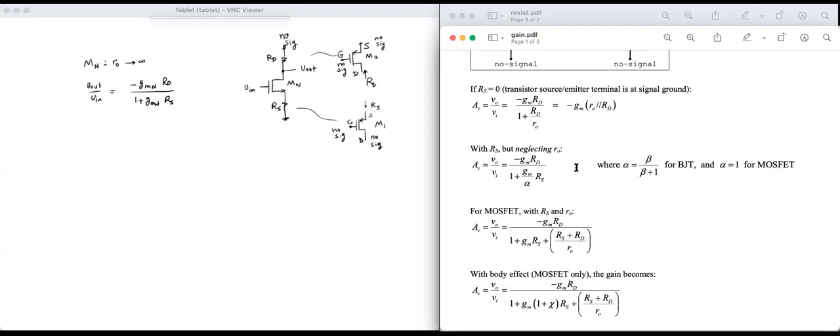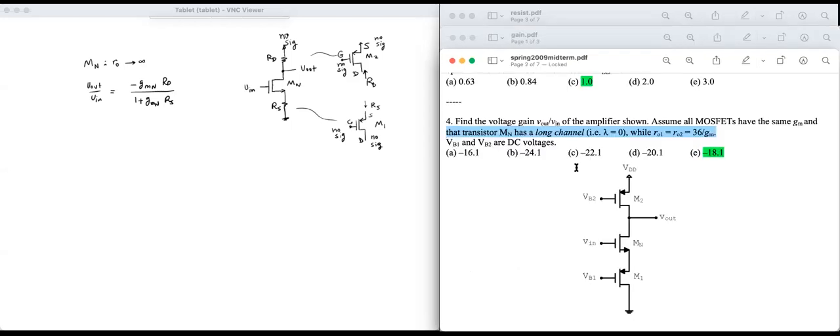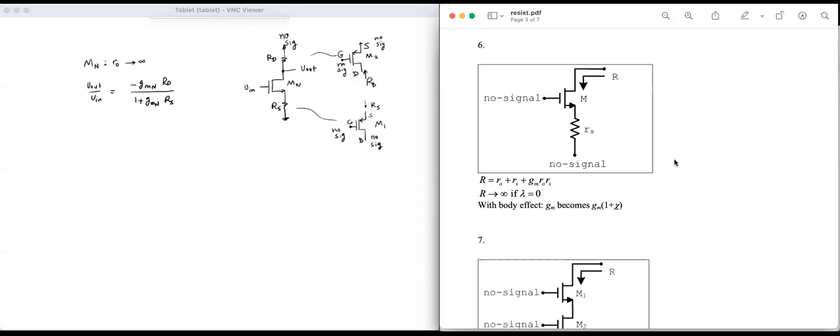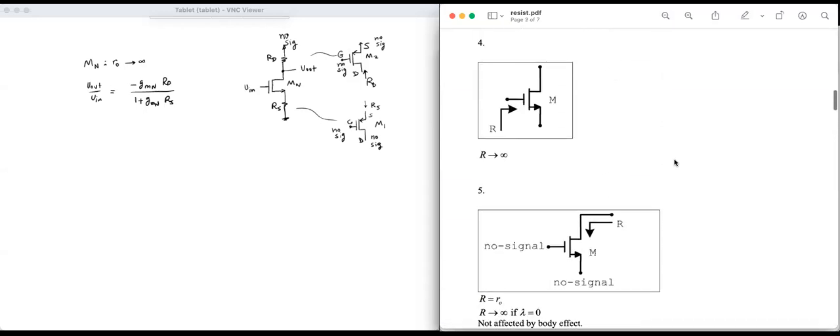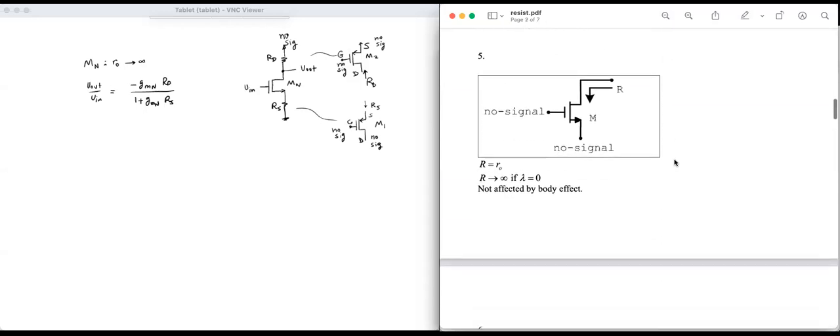Okay, so now I need to find RD and RS. RD is the resistance seen looking into the drain of a MOSFET, and RS is the resistance seen looking into the source of a MOSFET. So what do we do? We go to the resistance sheet, and I want the formula for, oh, here it is: the resistance seen looking into the drain of a MOSFET when there's no signal at the gate and no signal at the source.